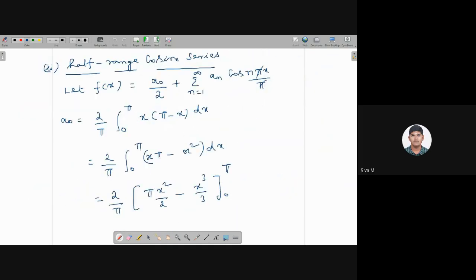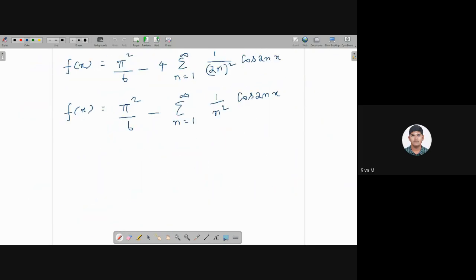Sir, for doing this, for cosine series we need to prove one thing, and for sine series we need to prove another thing. Yes, you are right. What is your question?